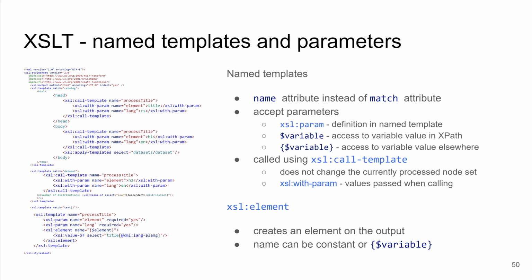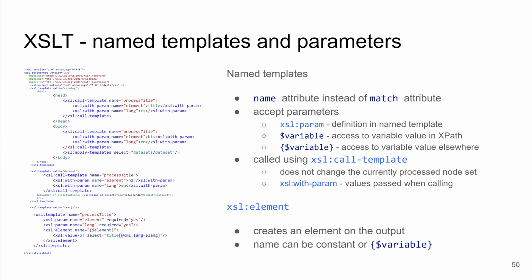So in our example to the left, there is a new template in the bottom, which is called process title. And this template takes two parameters, an element which will specify the name of the element in which the title should be outputted, and the lang parameter, which will specify the language of the title to be used.